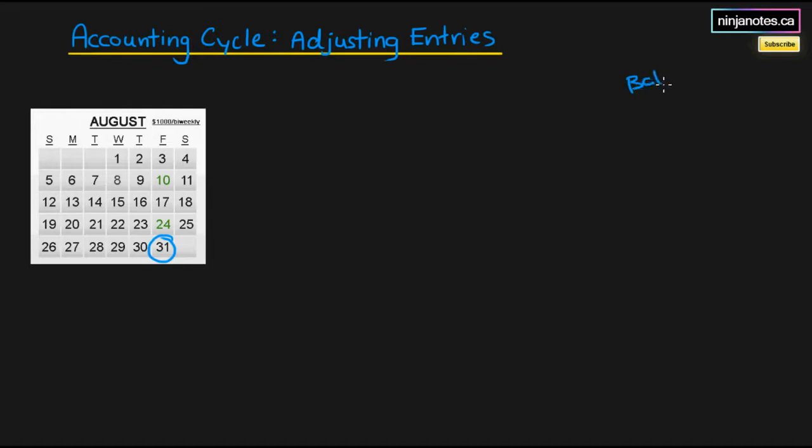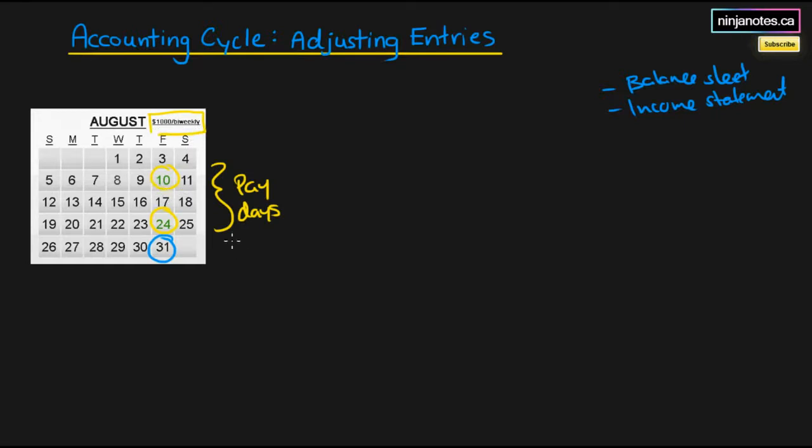We're preparing for internal use our balance sheet and our income statement to get an idea of our assets outstanding, our liabilities outstanding, our revenues and expenses for the month. And the green highlighted numbers, the 10th and the 24th, are paydays. And if you haven't noticed, I've written right here that the workers receive $1,000 bi-weekly, which means every 2 weeks.